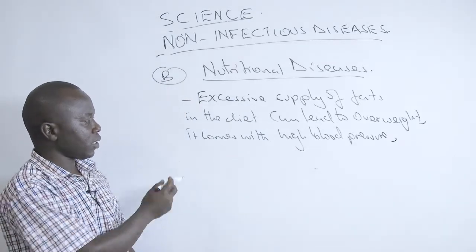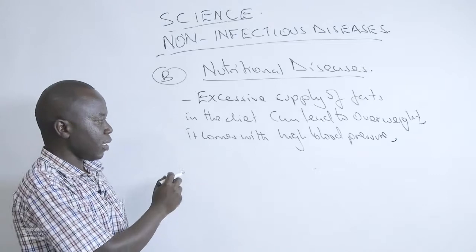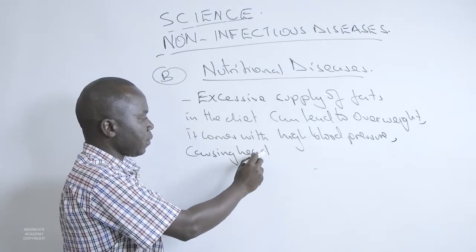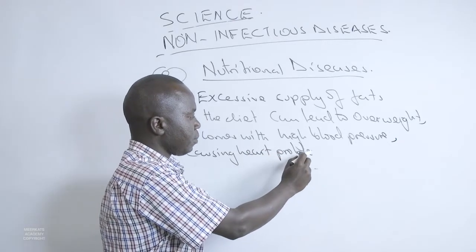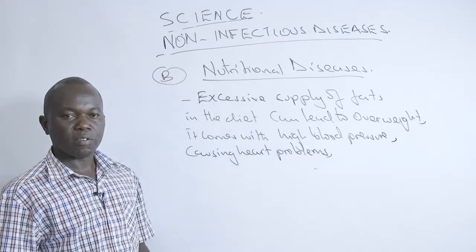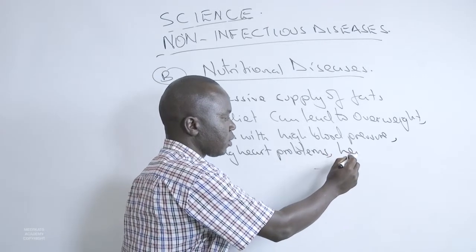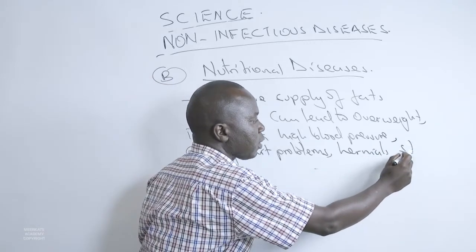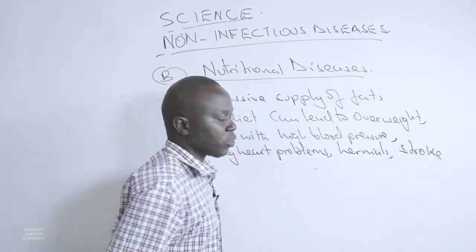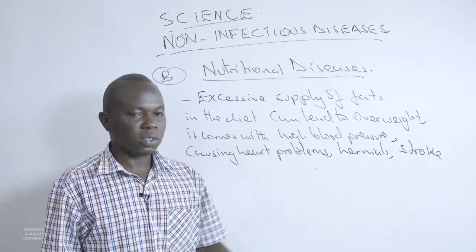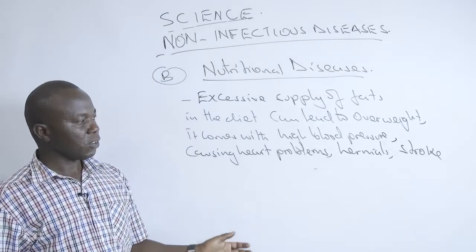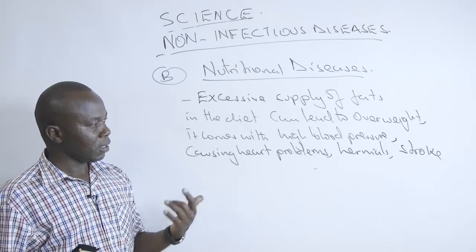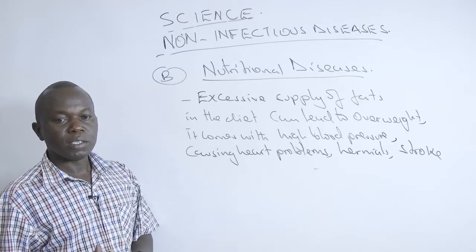When the heart is overworked, it causes problems to the heart, some kind of hernials, and some very fatal condition called the stroke, where the blood vessels in the brain, due to high blood pressure, burst, releasing blood into the brain.